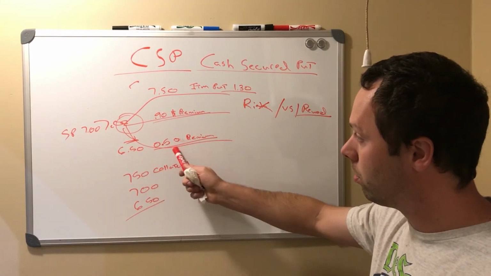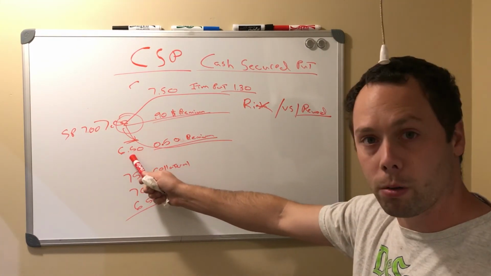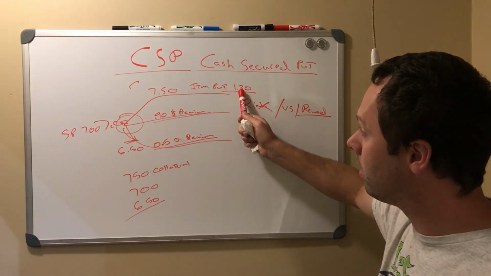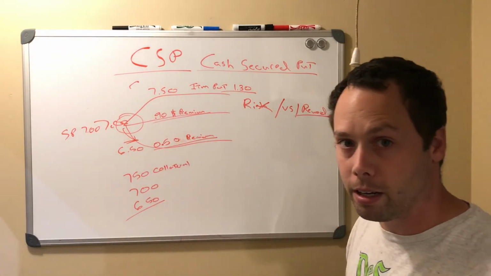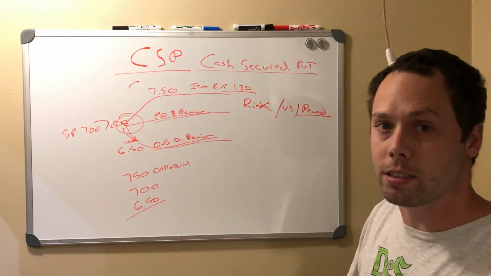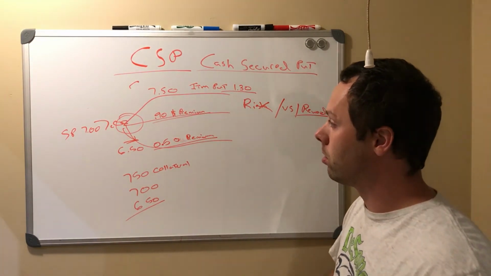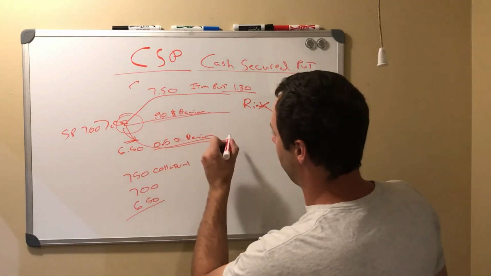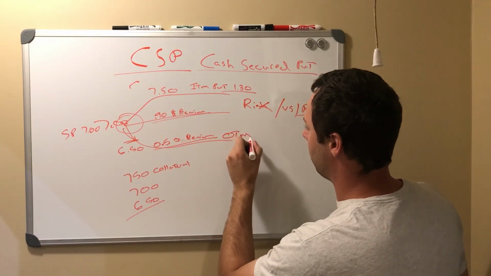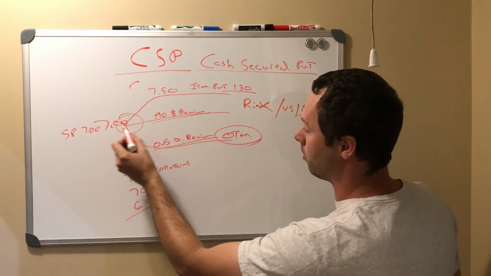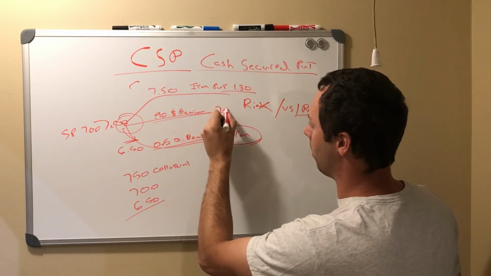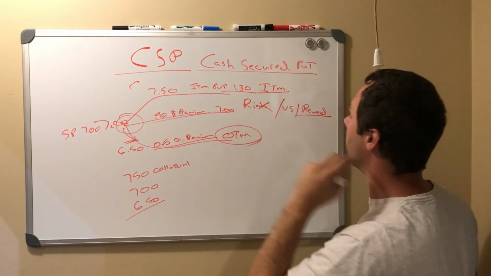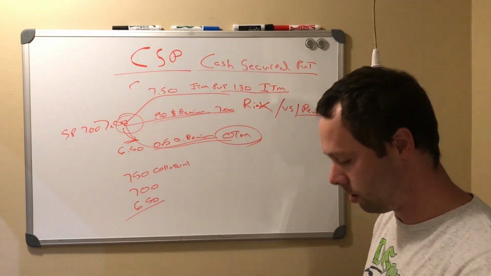I could sell 2 of these and have lower risk of assignment versus selling 1 of these and probably ending up owning shares at $7.50. And don't forget, this is out of the money for a put, because the share price is at $7, and this is in the money, because I sold a $7.50 put.